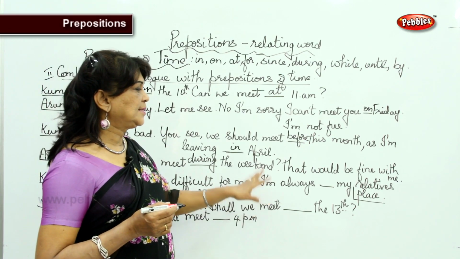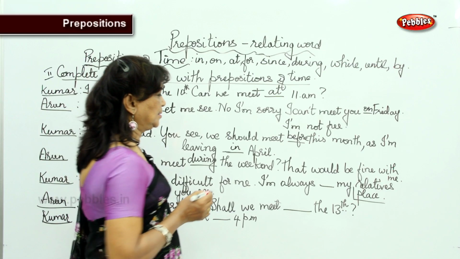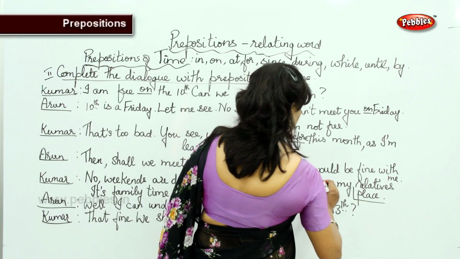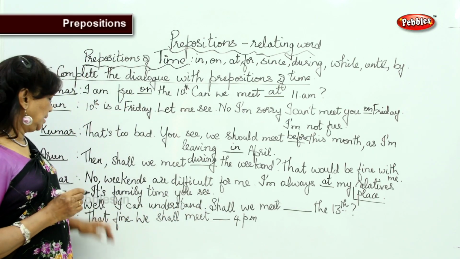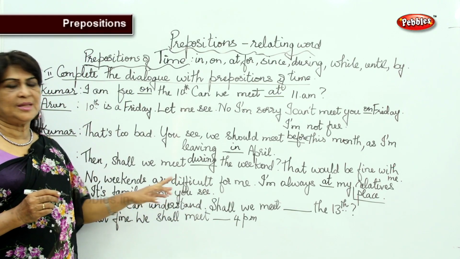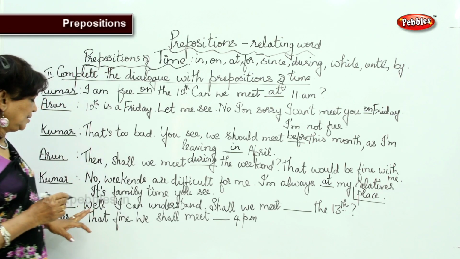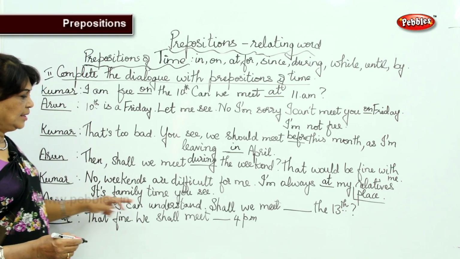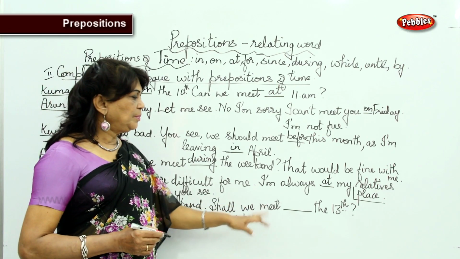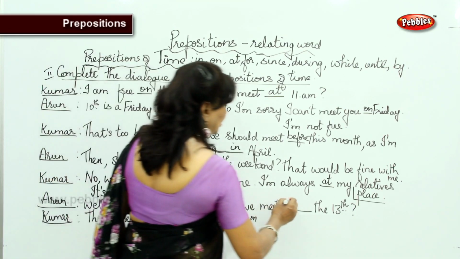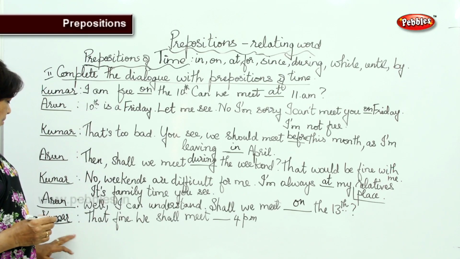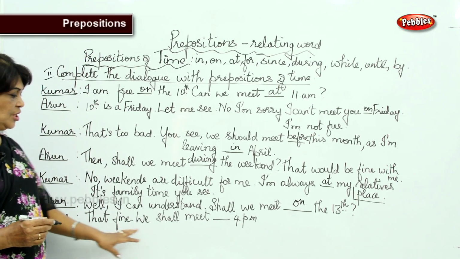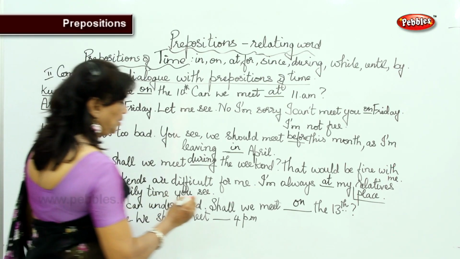I am always at my relative's place. It's family time, you see. Arun says, well, I can understand. Shall we meet on the 13th? Kumar: That's fine. We shall meet at 4 p.m.